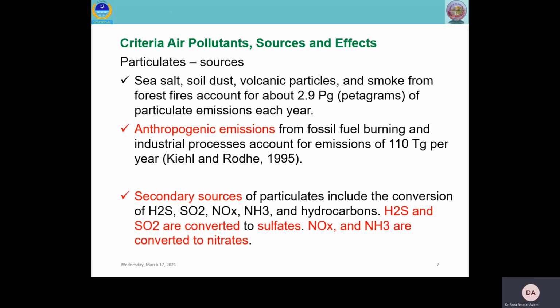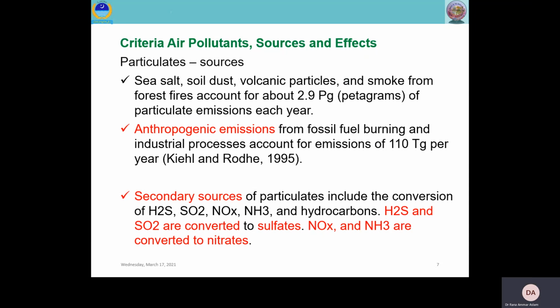If we talk about anthropogenic sources, particulate matter can be emitted from construction sites, from dust roads, I mean unpaved roads, or fires, right? From natural sources, particulate matter can be emitted from a forest fire, right?